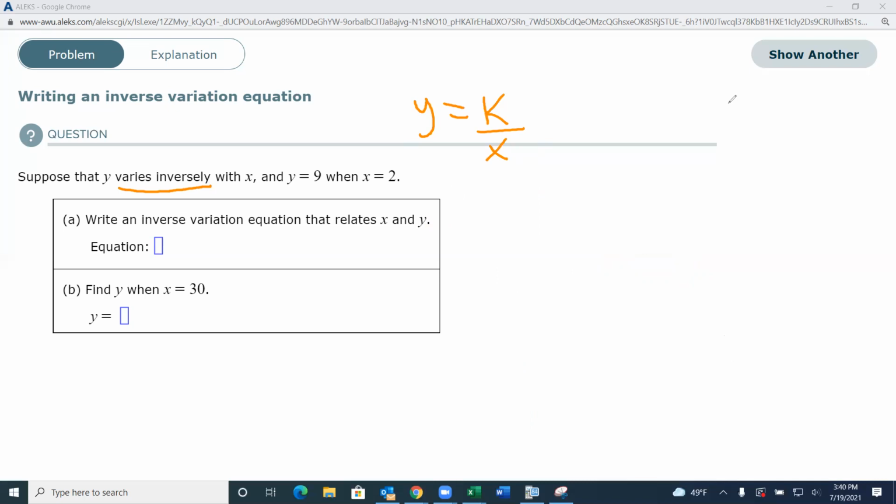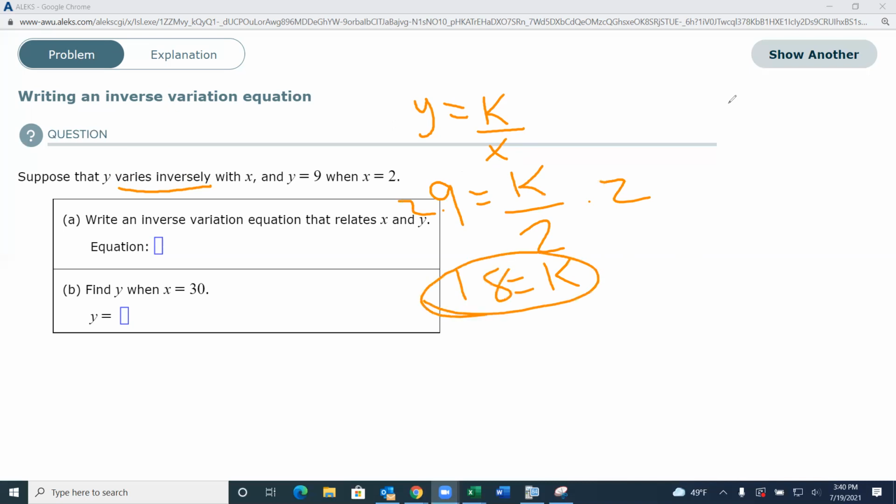Okay, so it says write an inverse variation equation, when y is 9 and x is 2. So because I see varies inversely, that tells me it's k divided by x. All right, so if I multiply both sides by 2, I get k is 18, and that's the answer to part A. Oh, wait, no, that's not the answer.